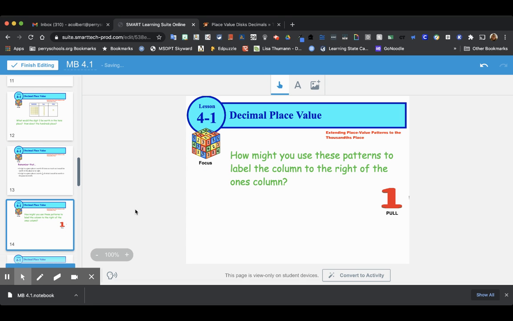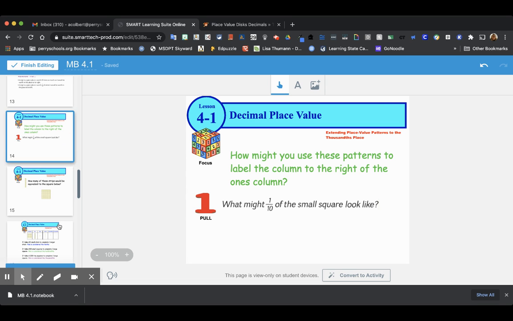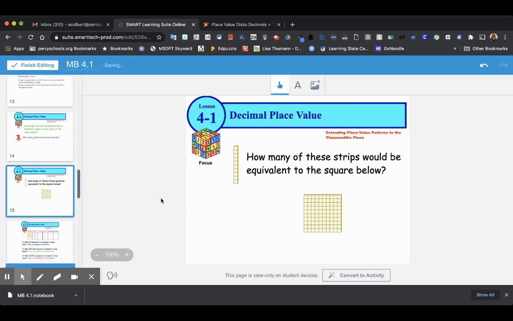So how might we use these patterns to label the column to the right of the ones column, or that first spot in the decimals? We want to think, what would maybe 1/10 of the small square look like? It would get smaller. How many strips would be equivalent to the square below? So we've got our tens.